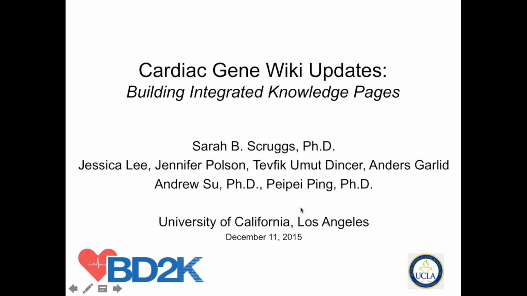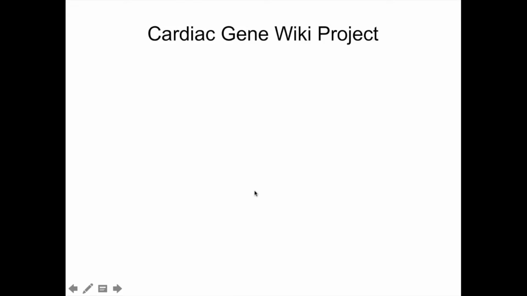Yes. Okay, great. So just to review why we began this project: in our group we are a mix of domain scientists and data scientists, and we want to bring community annotation to the cardiovascular community. So this great portal, GeneWiki, developed by Andrew's lab, seemed like a logical place to start.